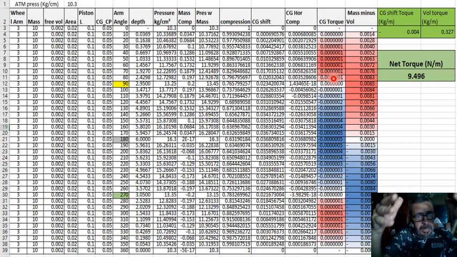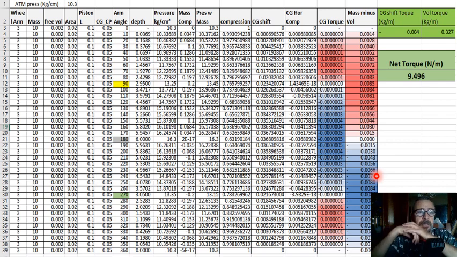Same as I did with the center of gravity shift torque, I'll put it into consideration and calculate it. And if you can do this spreadsheet or whatever method you have to inspect the efficiency or feasibility of this device, please do it, and I'll be glad to watch it if it proves that this thing is not going to work.